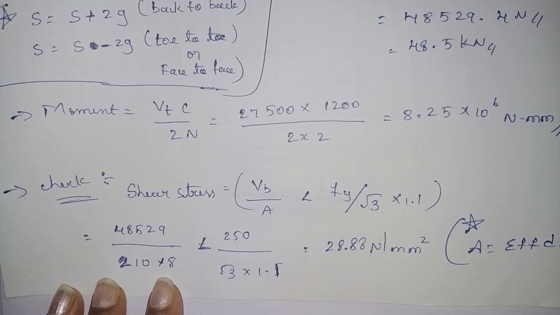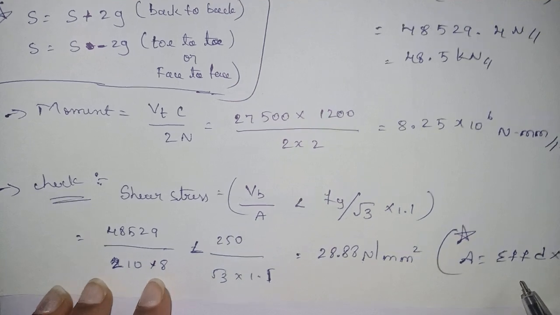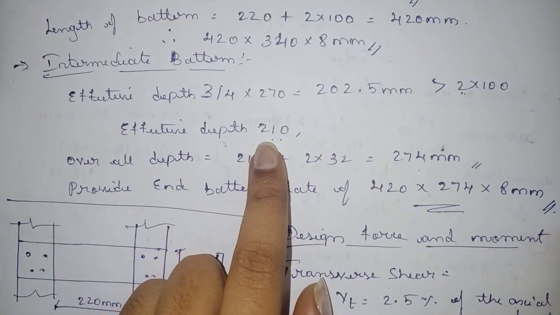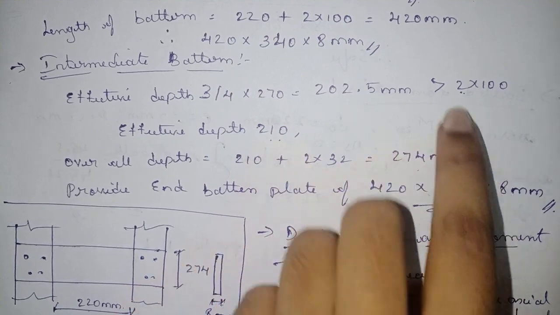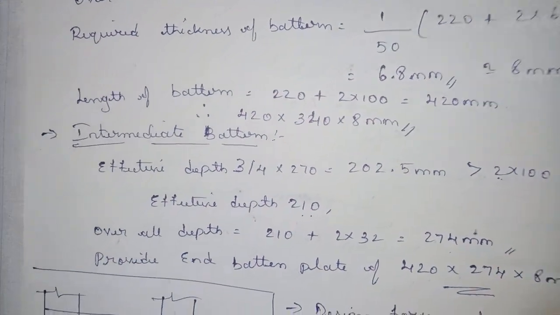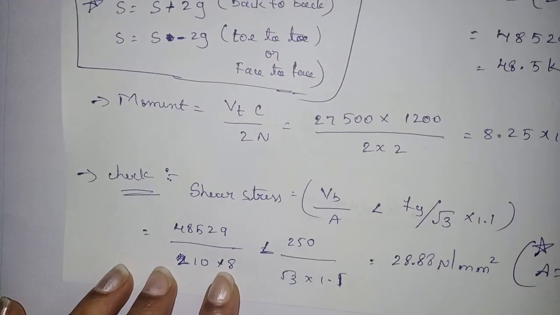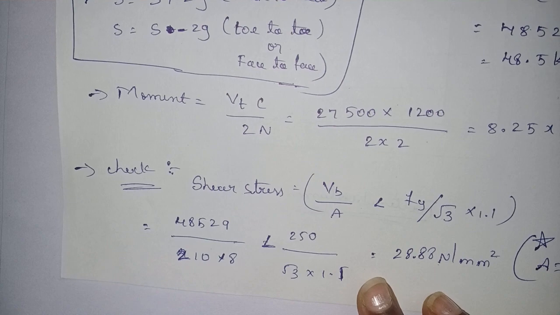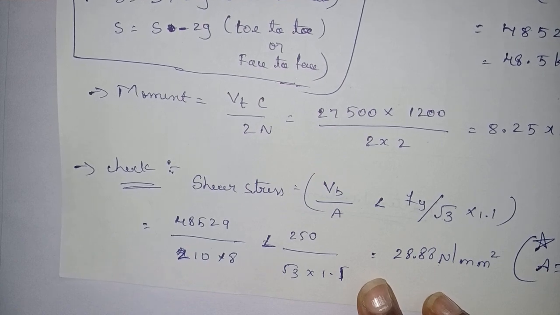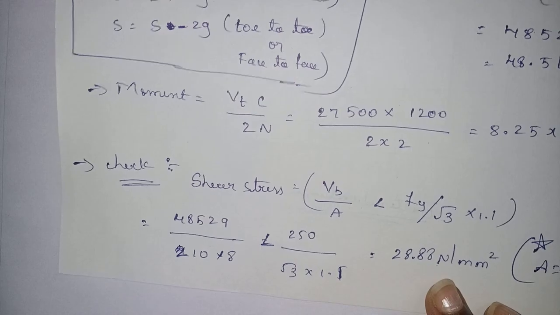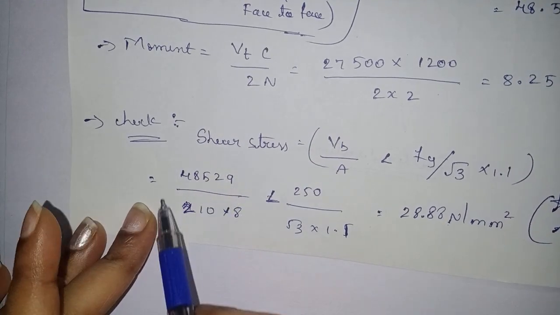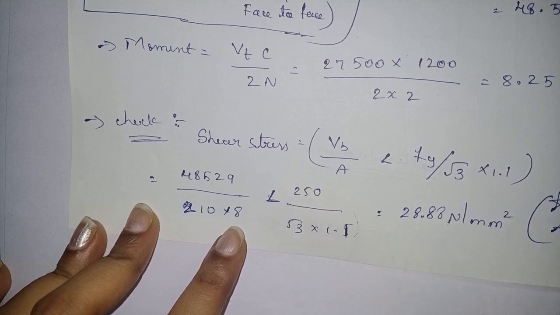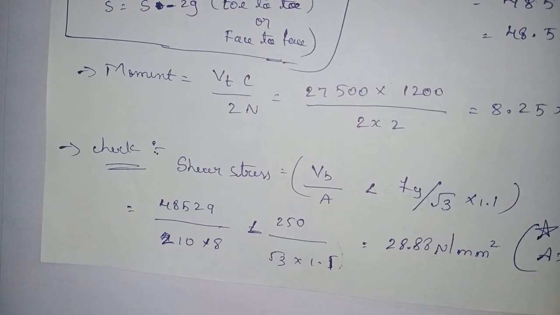We have assumed the area will always be effective depth into T. Effective depth intermediate 210 into what is the thickness? 8 mm, right? So area is 210 into 8, and that should be lesser than 250 divided by square root of 3 into 1.1. We got the shear stresses. So what is the check here? Whatever you calculate here, that is 28.88, that should be lesser than this value. Then it is safe. So it is safe for now.